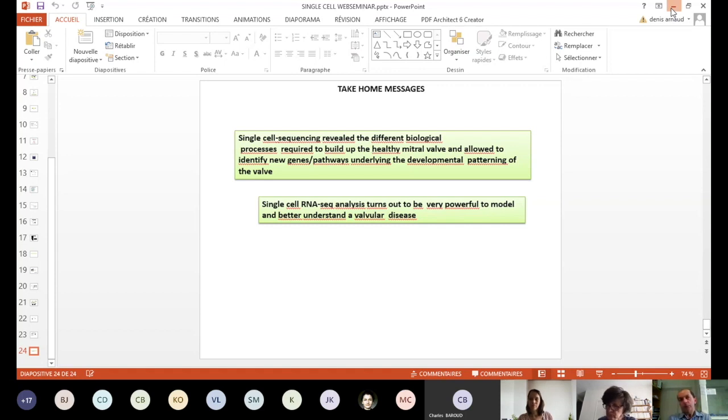E9.5, in fact, we knew already from the literature that this is a stage when EMT has already started. So EMT probably starts at E9, half a day before. But as you know, it's very difficult to know if the embryos are at E9 or E9.5.